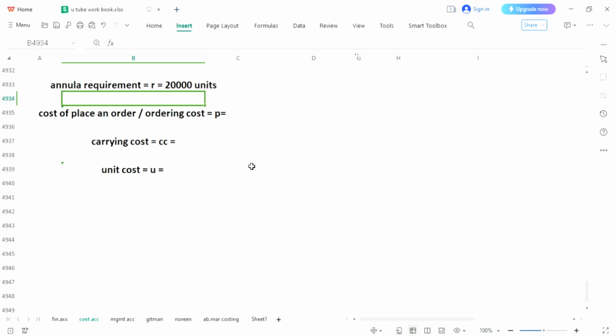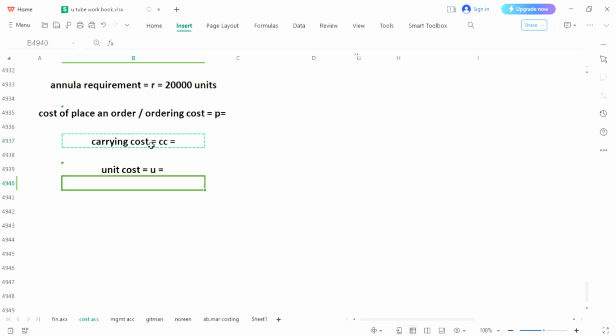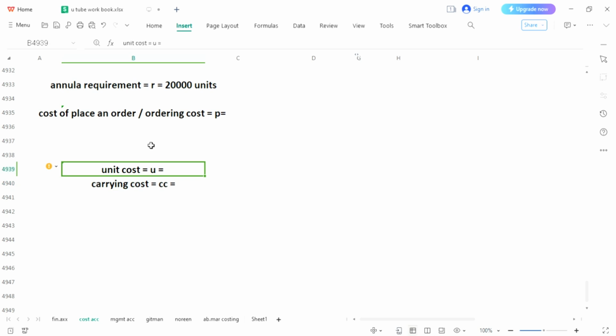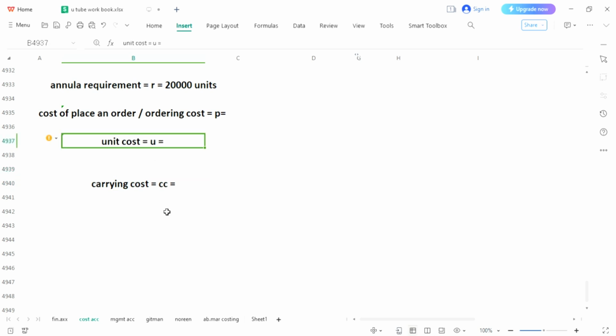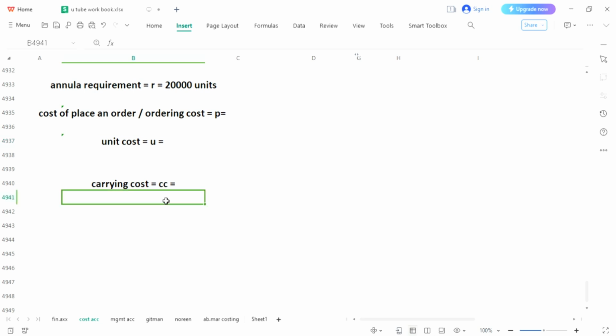I would like to explain this carrying cost as well. In case you have carrying cost, it may be given directly. That means the amount of carrying cost can be given directly. There are few chances, and all those chances we are discussing over here. If carrying cost is given directly, that means a direct amount can be given.